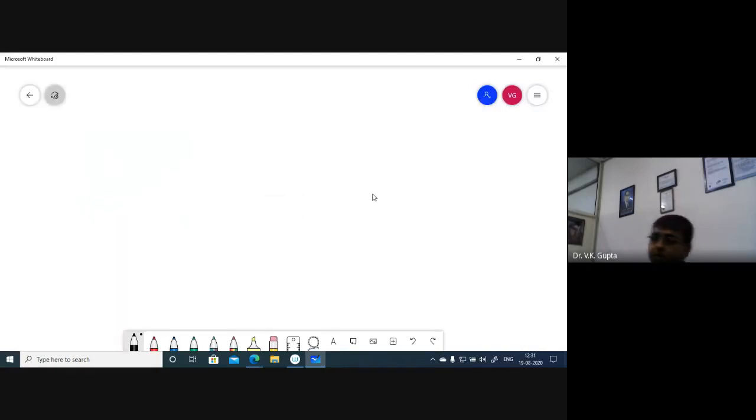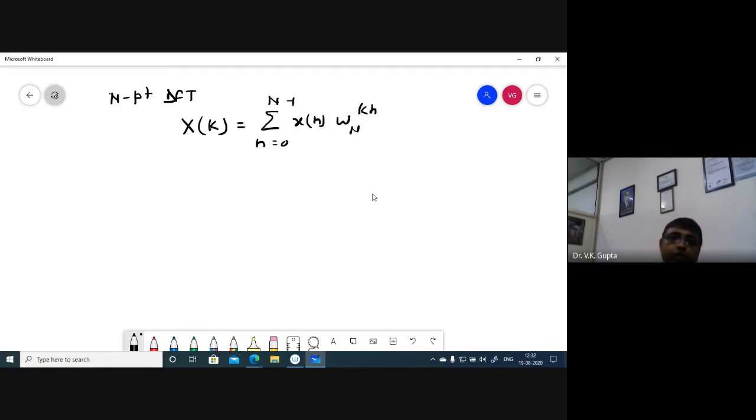Now let's summarize. For calculating the N-point DFT, we have X(k) equal to sigma n equals 0 to N minus 1 x(n) W_N^(kn), where W_N is called the twiddle factor, and where k varies from 0, 1, 2 up to N minus 1.